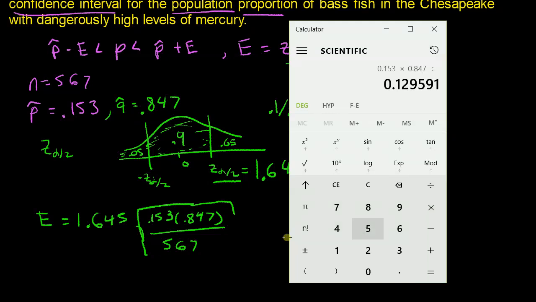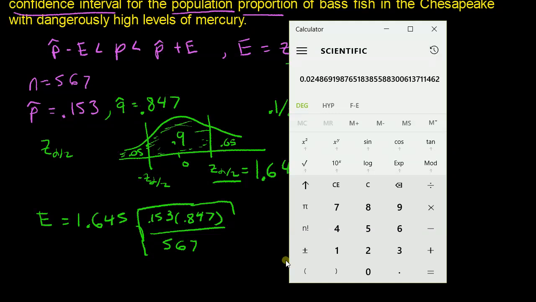Take that and divide it by the sample size, 567. All right, take the square root of that, and then multiply it by 1.645. Okay, so notice when I was calculating E, I never rounded in any intermediate step. I just plugged it all into the calculator, which is the way you should do it, because rounding mistakes in the margin of error can really mess up your confidence interval. All right, so I should round this to at least 4 decimal places.